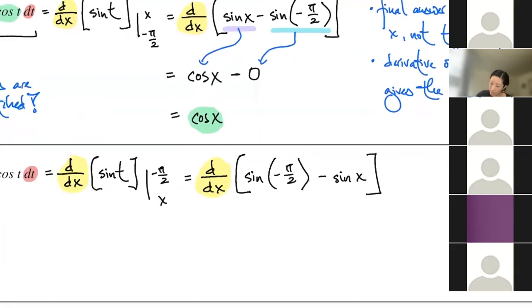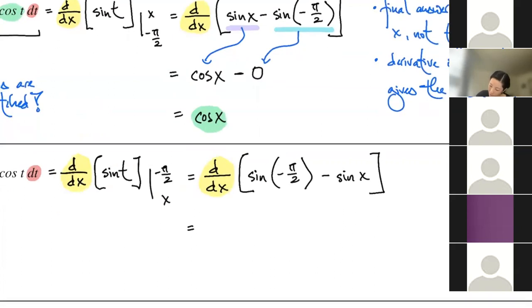All right, let's see. Derivative of sine of negative pi over 2. We said that part above was 0.